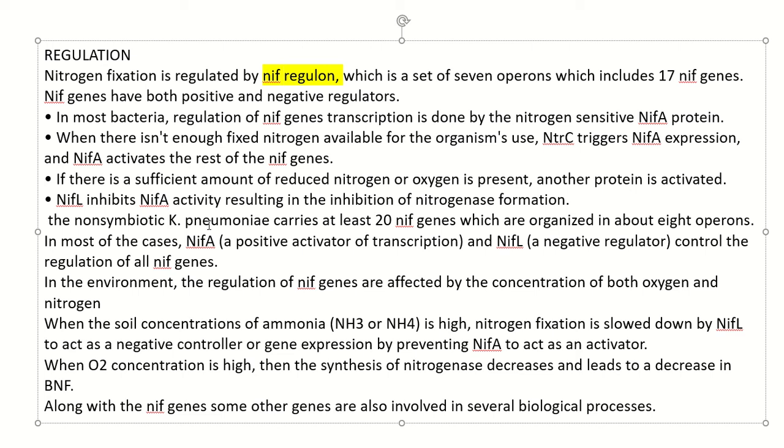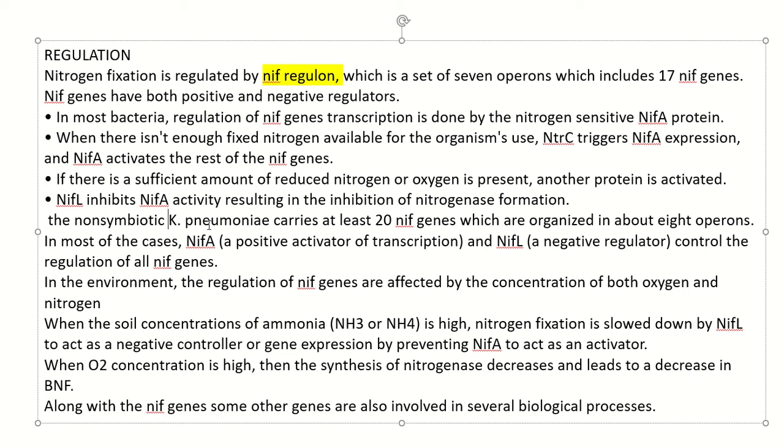Non-symbiotic bacteria carry at least 20 Nif genes, which are organized in about 8 operons. Now 20 you have to remember, and above 17. Okay. In most of the cases, NifA means what?